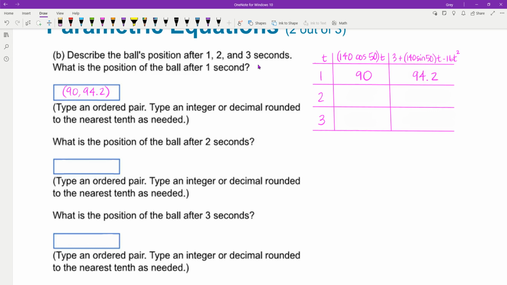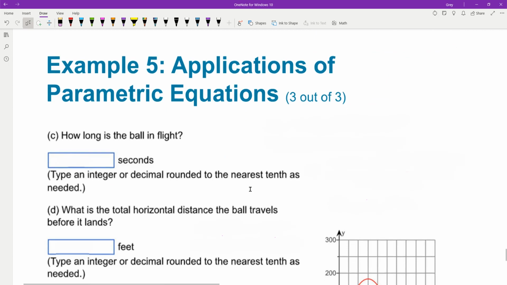That's my first ordered pair. When I plug in 2 for t, I have 180 and then 153.5. If I plug in 3 for t, I get 270 and then 180.7. That's my third one. So again, that allows us to know the ball's position as a function of time, horizontally and vertically.